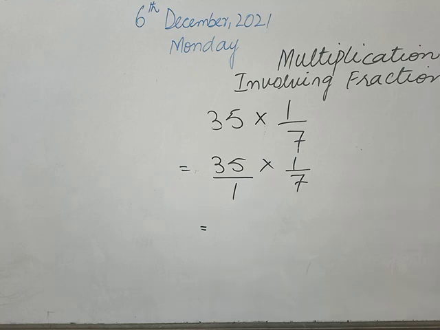Yes, Hamza, you tell me. 1. Very good. Now, Hadia, what is the denominator in the second fraction? Very good, 7. So we will simply multiply numerator with numerator and denominator with denominator, because it is the rule of multiplication involving fractions.